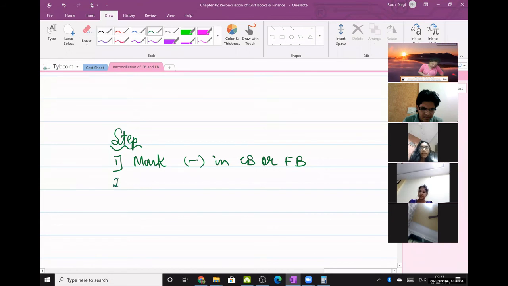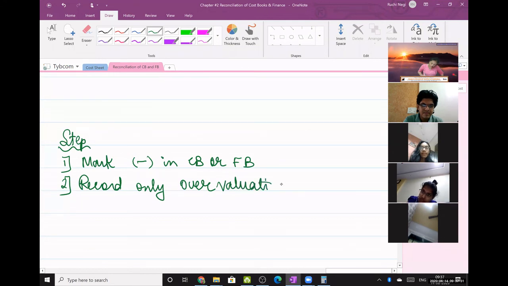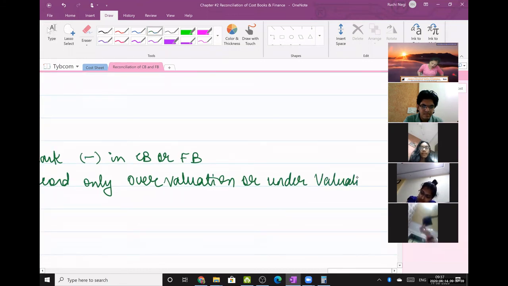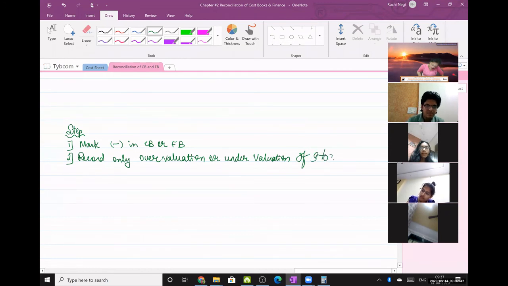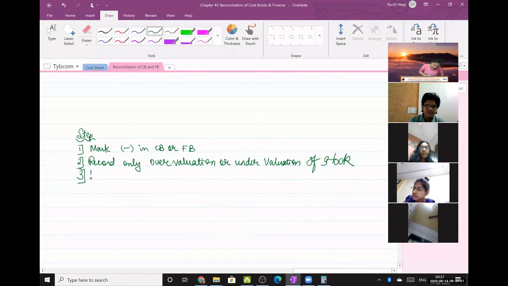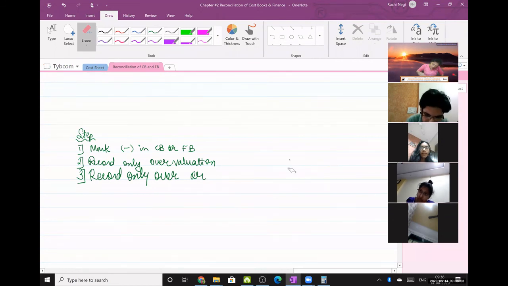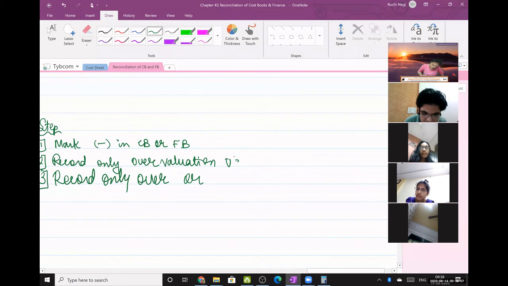Then second, record only overvaluation of stock in cost books or finance books.